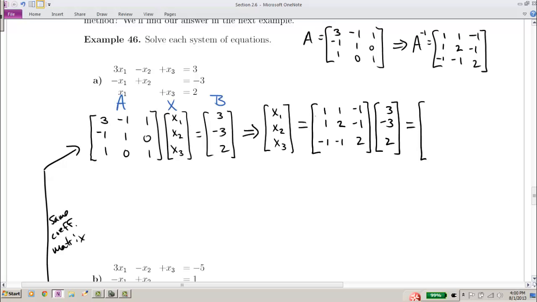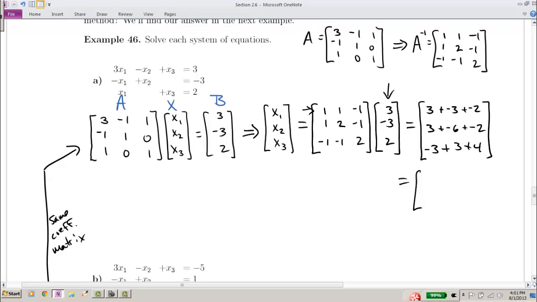I'm going to find the item in row 1 first. I'm going to multiply the first row of this A inverse by our column matrix here. So we've got 3 plus negative 3 plus negative 2. Second row, got 3 plus negative 6 plus negative 2. And third row, negative 3 plus 3 plus 4.